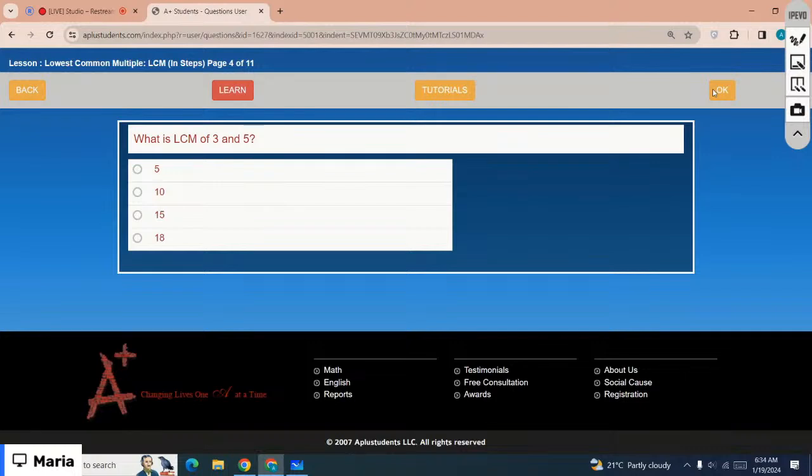Both 3 and 5 are prime numbers, right? So their LCM is the product of both the numbers. That would be 3 times 5, which is 15. Got it?